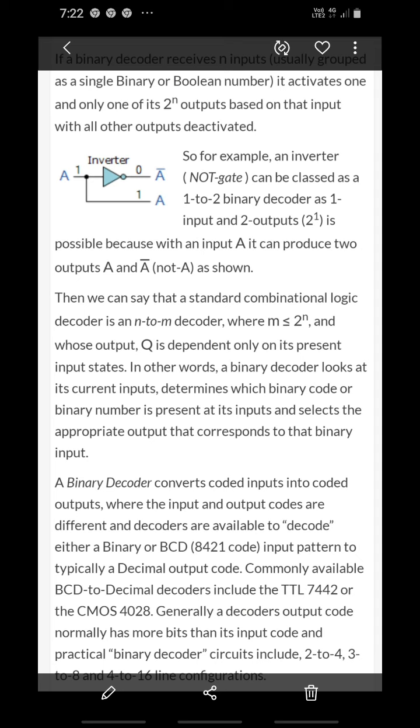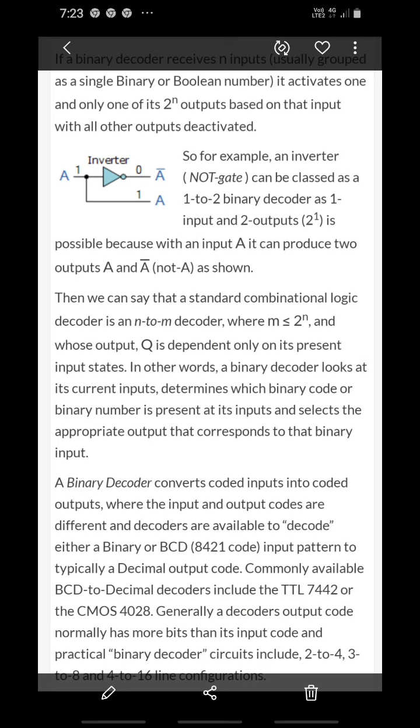So here is shown the NOT gate. The NOT gate is also known as the inverter because in this gate the output is the complement of the input. So here A is 1 and its output is A bar. So A bar means it is 0, and here another input is the enable.